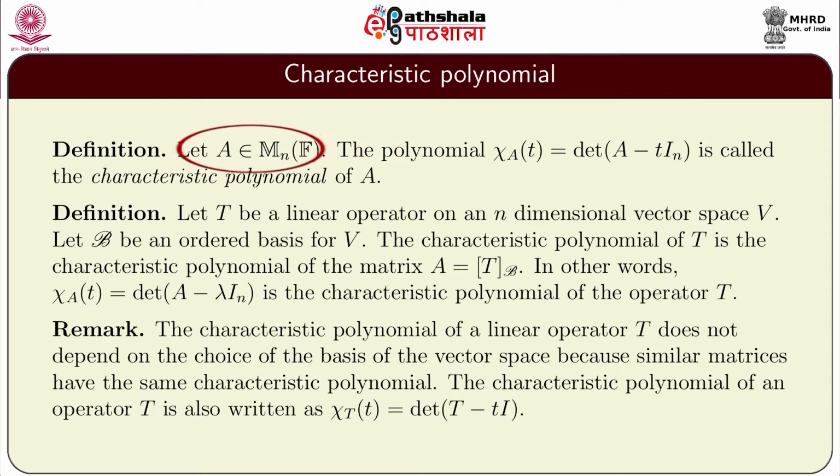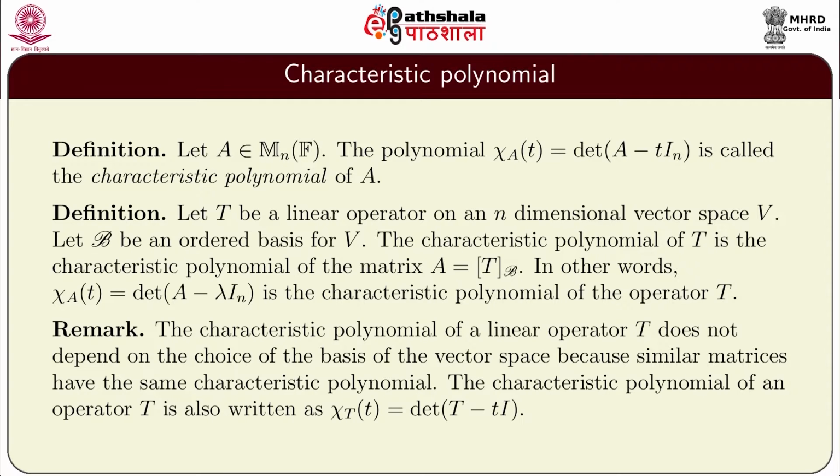So, let A be an n cross n matrix over a field F. Look at the determinant of the matrix A minus T In, where In is the n cross n identity matrix and T is being treated as an indeterminate.